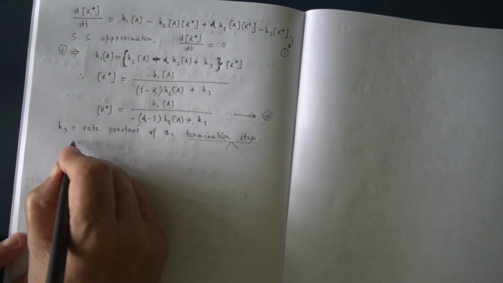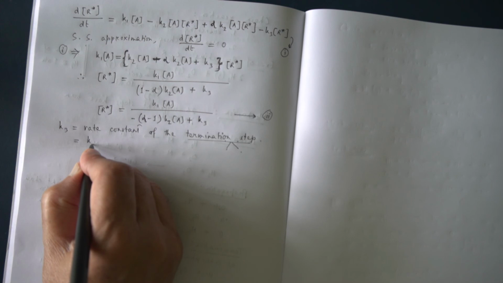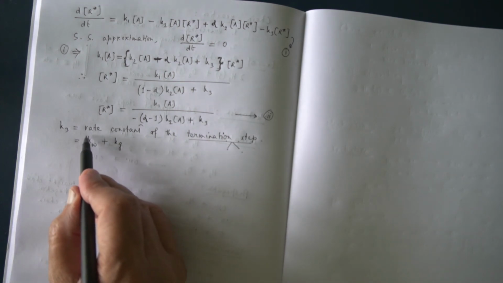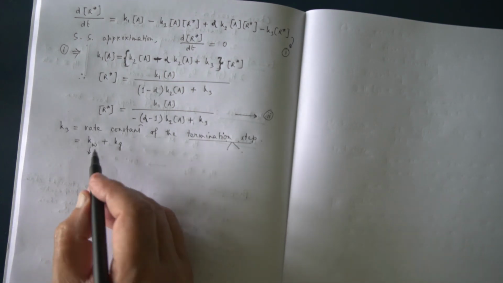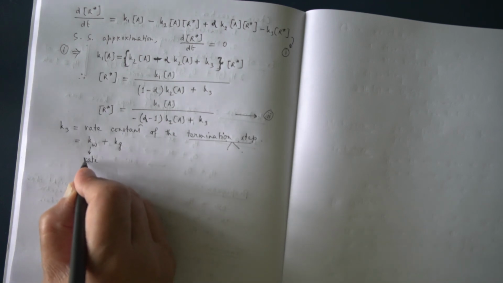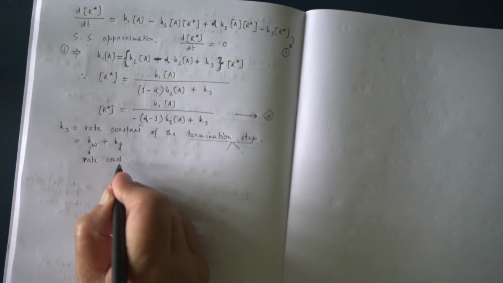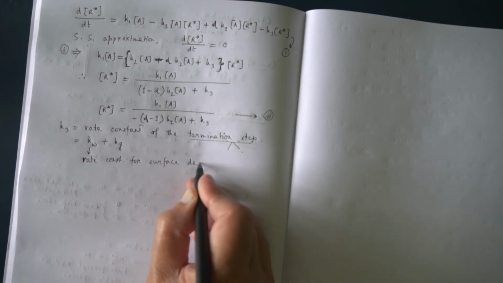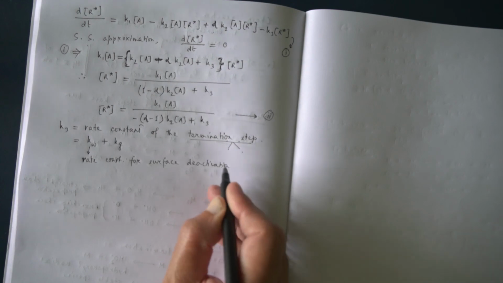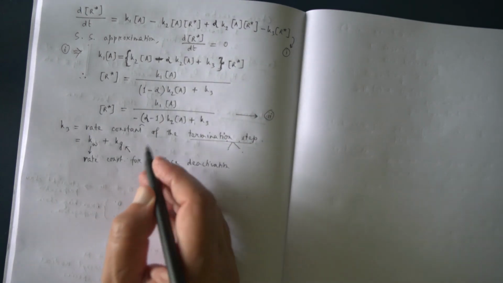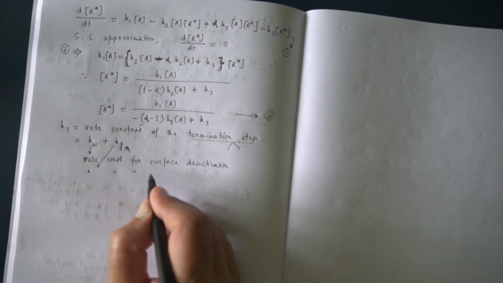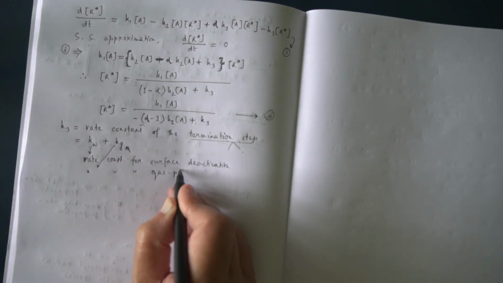So we can write it like this, kw plus kg. kw is the rate constant for surface deactivation, and kg is the rate constant for gas phase deactivation.